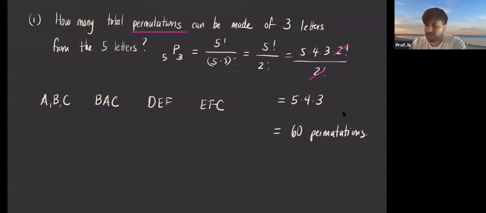So that's step two. Step two is how many. Selecting one of these, select one permutation. I have 3 letters, right? How many ways can I permute 3 letters?